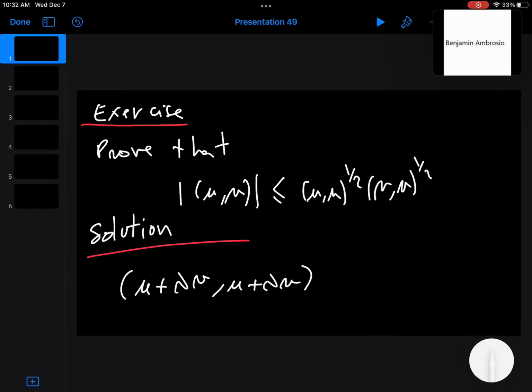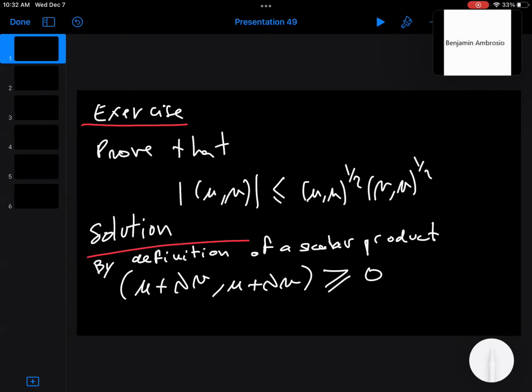So by definition of a scalar product, this is non-negative. And in fact, it is zero if and only if U equals minus lambda V, and this is for only one lambda.